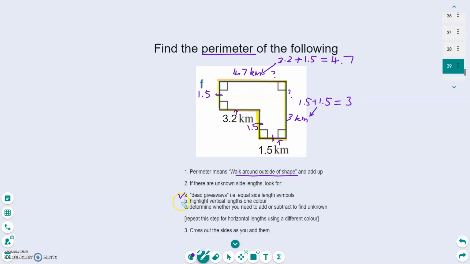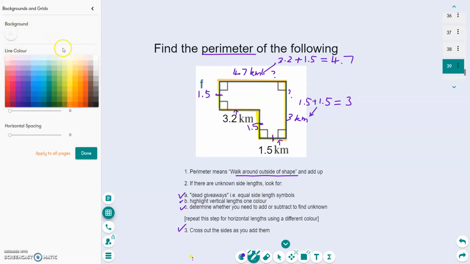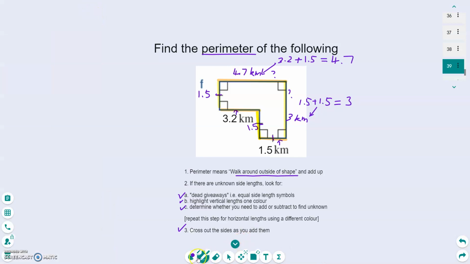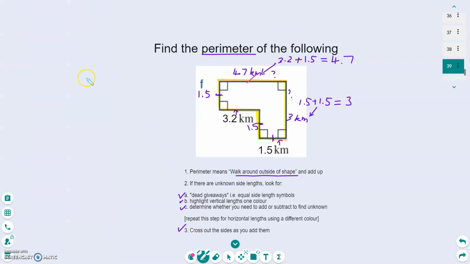Now all of our sides are neatly labeled. We've done our vertical and our horizontal lengths. And now it's time to cross out the sides as we add them. Get another color. Oops. Mind blank. Add them up. So perimeter is walking around the outside of the shape. 4.7 plus 3 plus 1.5 plus 1.5.